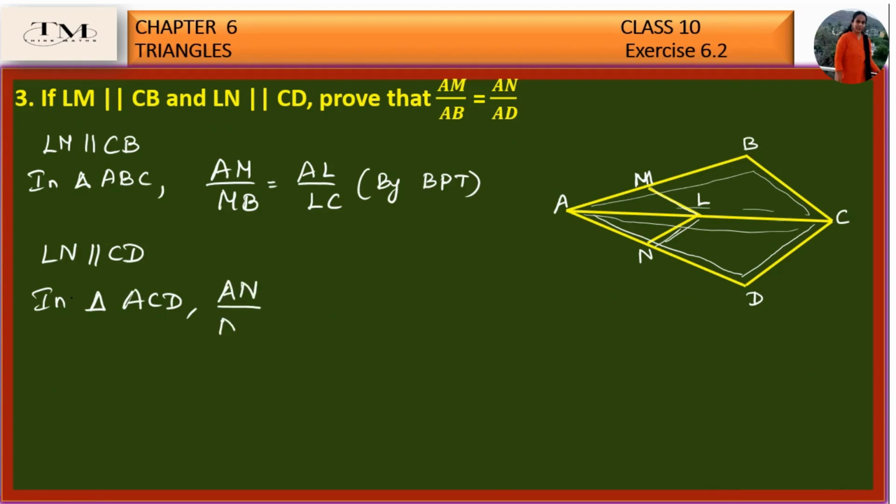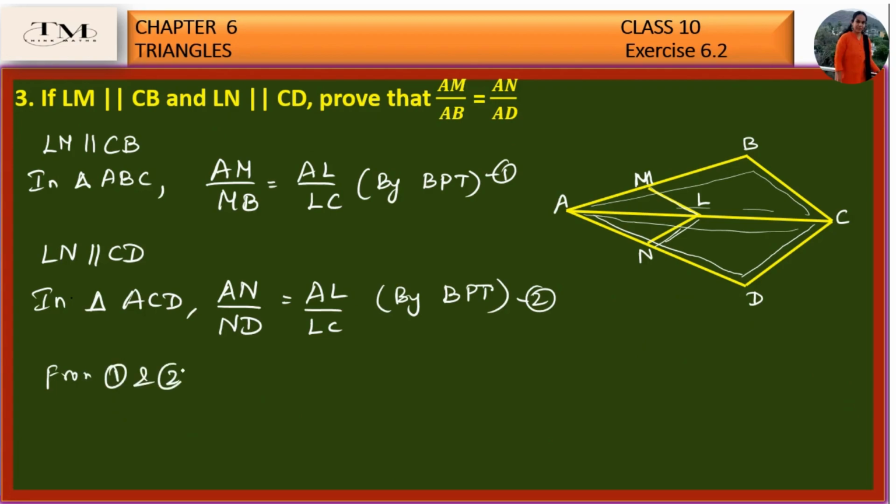AN by ND is equal to AL by LC by BPT. So, this is 1 and this is 2. If you check 1 and 2, right hand side is same. Then left hand side will be same. So, from 1 and 2, we have AM by MB will be equal to AN by ND.